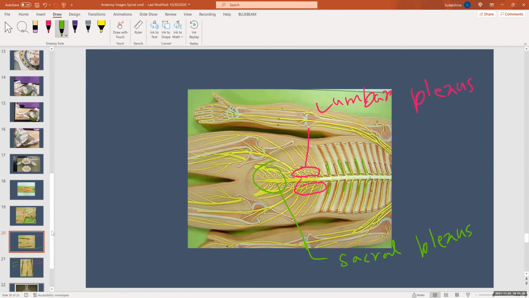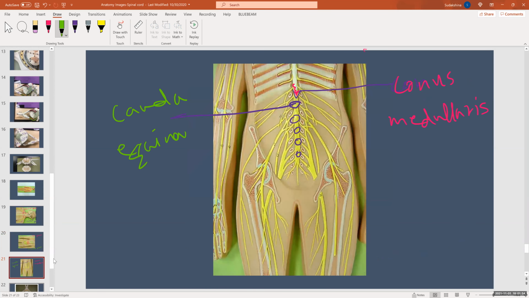But beyond the level of L1 or L2, the spinal cord basically stops. So all the remaining lumbar nerves and sacral nerves exit the spinal cord as a group together that looks like the horse's tail. And that's what we call cauda equina.